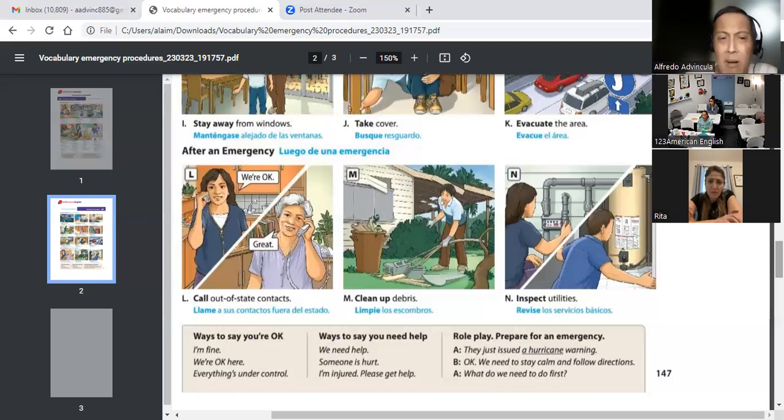She's calling her mom and telling her we are okay. Right. Sometimes on Facebook, they have a lot of these posts now. You can mark yourself safe.